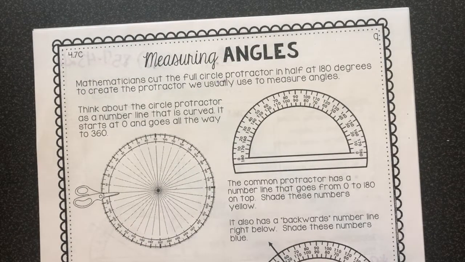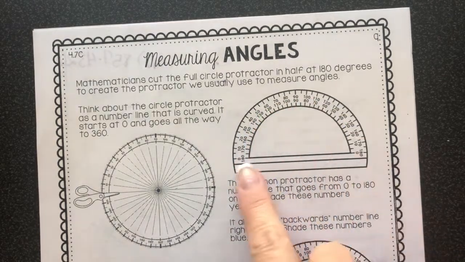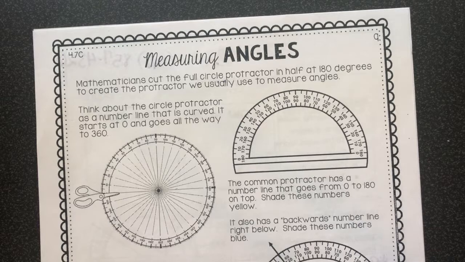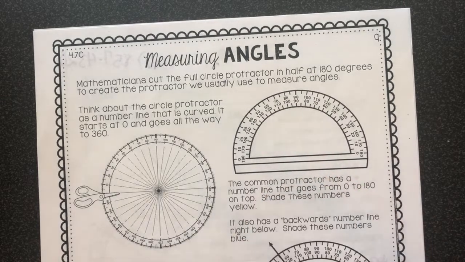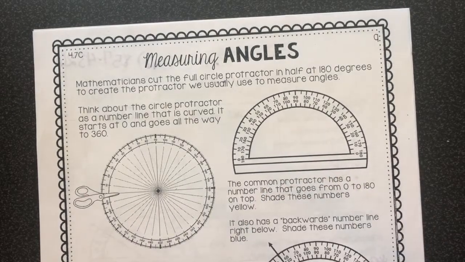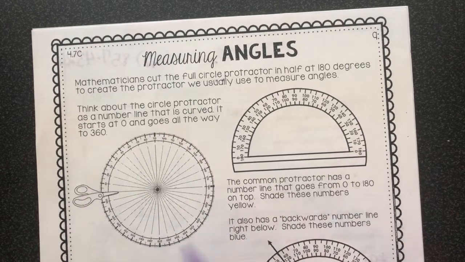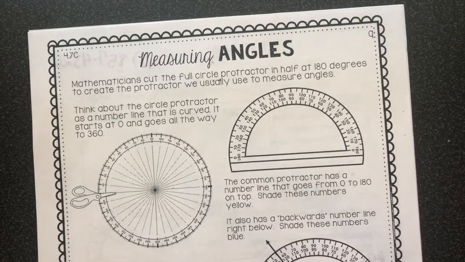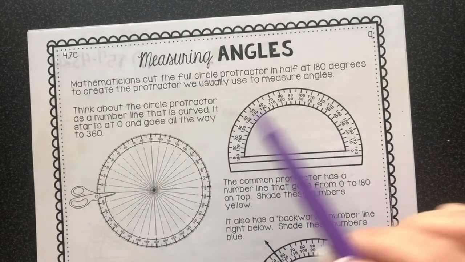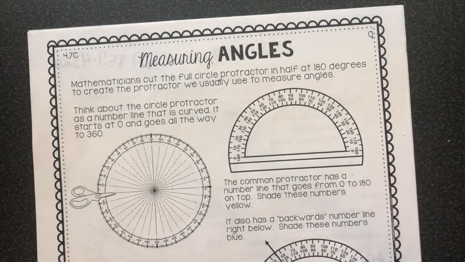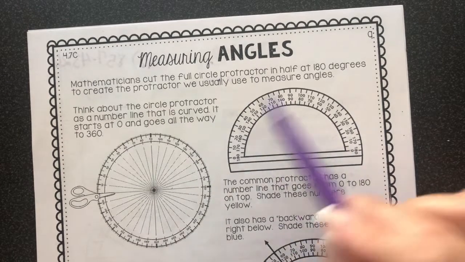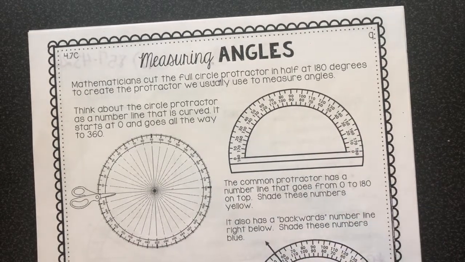And it's a plastic tool, and I apologize, I don't have one here with me. They're up at the school, but it looks like this, and they're generally clear plastic so you can see through them to the angle underneath the page, okay? There is a whole protractor like this that you can buy, but you really don't need that. You only need half of the circle to measure your angles, okay? So this right here is your protractor.